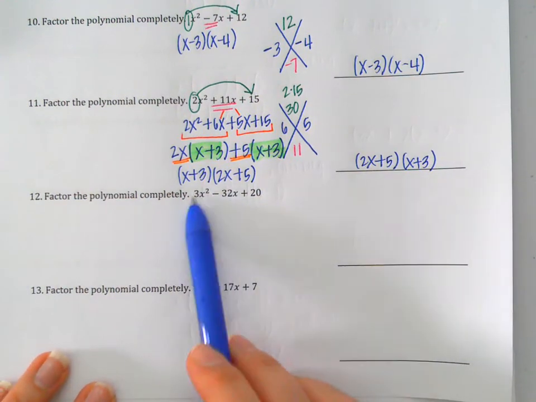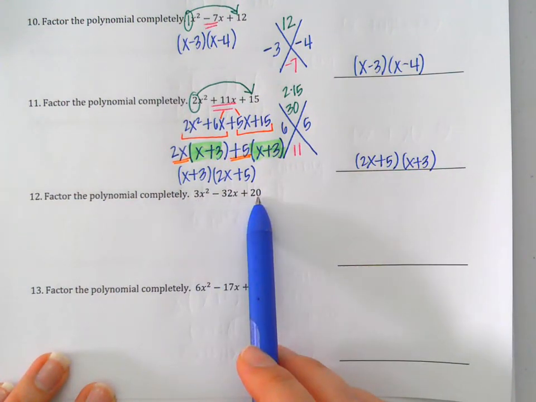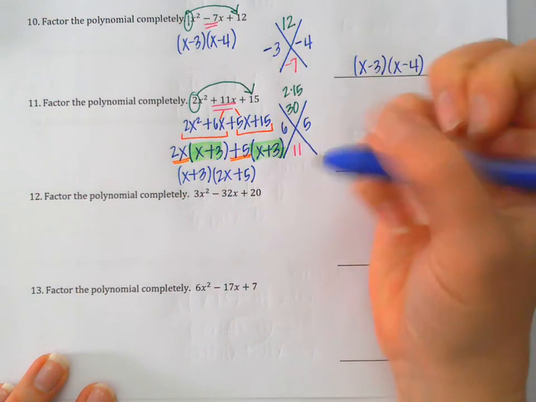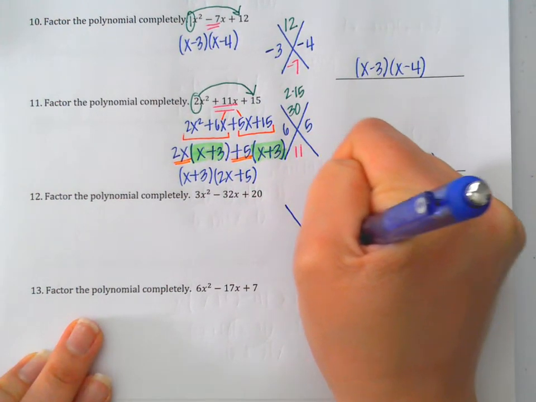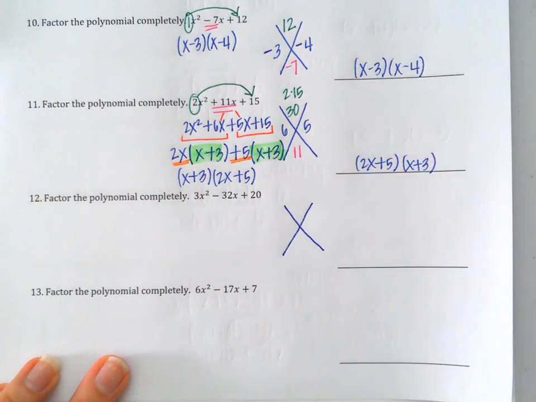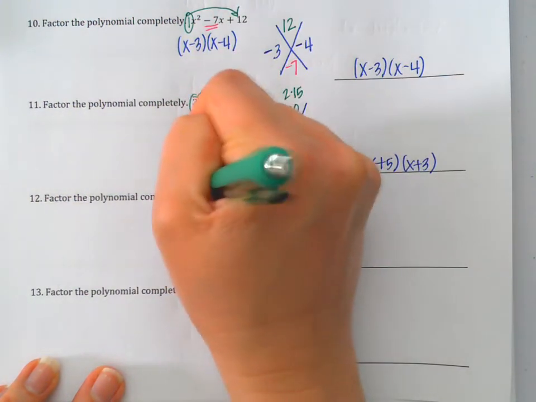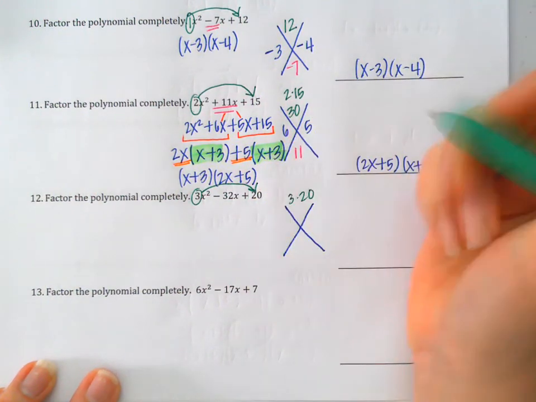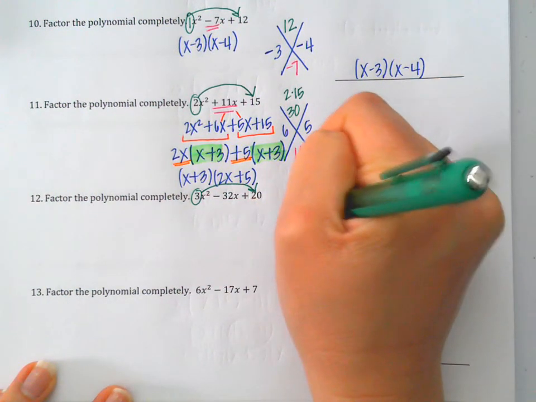Okay. 3x squared minus 32x plus 20. I'm thinking, okay, A isn't equal to 1. There isn't a GCF, so I start just like I've been starting with all of these. I write my big X. On top is A times C, so 3 times 20, which is 60.